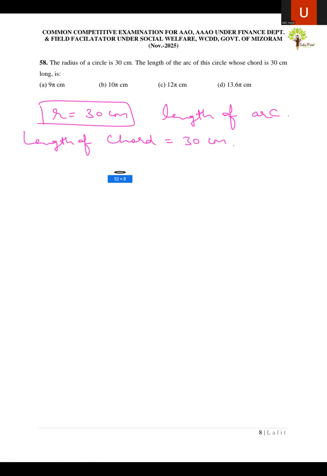Let us say this is the circle, with points O, A, and B. Radius is 30 centimeter, and the length of the chord is 30 centimeter. So this complete line AB is also 30 centimeter.